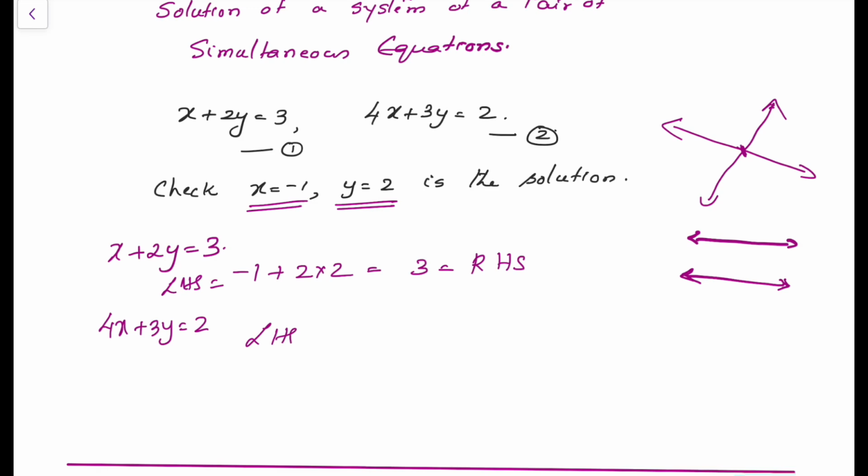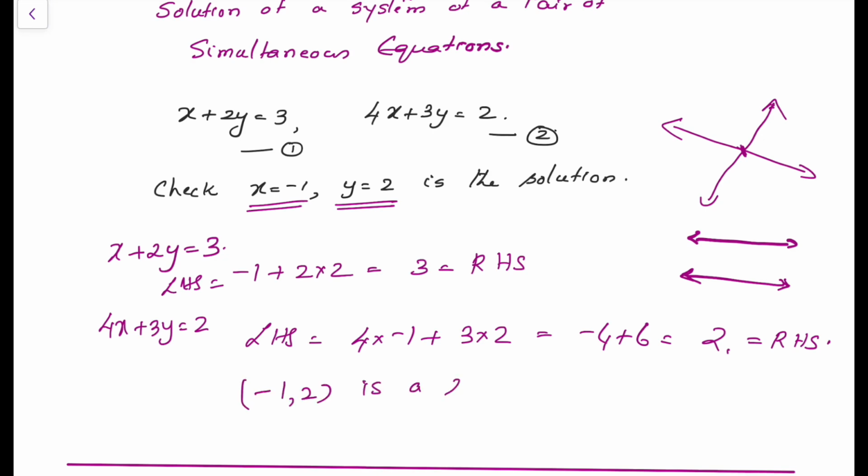So LHS is equal to 4 into minus 1 plus 3 into 2. So equal to minus 4 plus 6 is equal to 2. So equal to RHS. So it is satisfying. So minus 1, 2 is the solution of both the lines. So that will be the intersecting point of the lines.